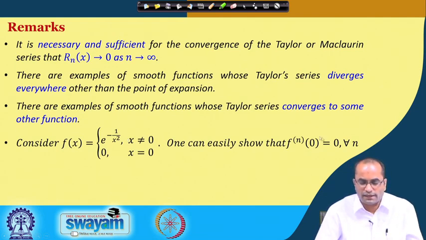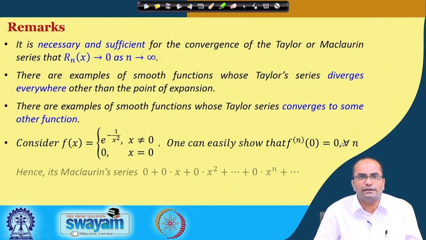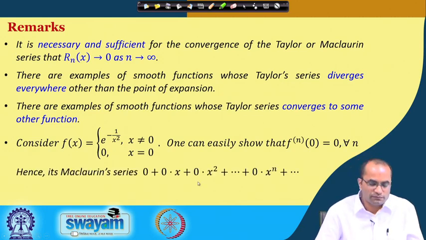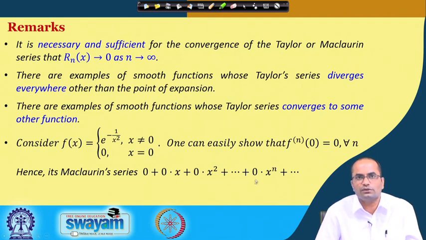I am not doing these calculations, but one can easily compute that all the derivatives of any order of this function at 0 will be 0, and then if we write the Maclaurin series around x equal to 0, because all the derivatives are 0, we will get 0 plus 0 into x, 0 into x square and so on.